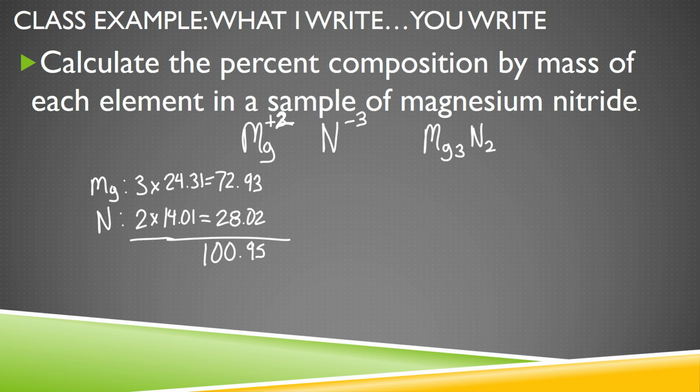All right. So what do we get for the percentage of magnesium? So magnesium percentage is 72.24. What do we get for the percentage of nitrogen?